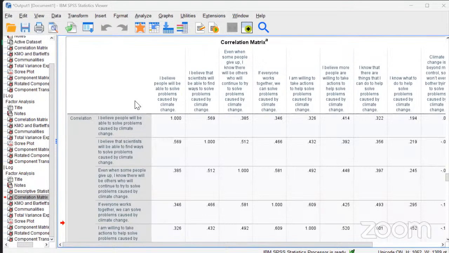In any multivariate statistics, the first part is description, the second part is classification, the third part is association, the fourth part is prediction. Is this clear? Sir, after description, what did you tell?